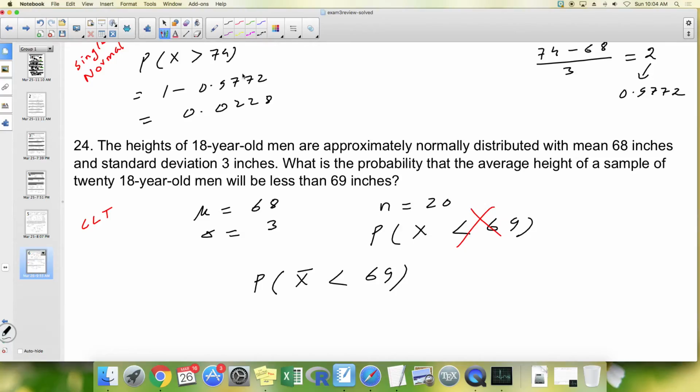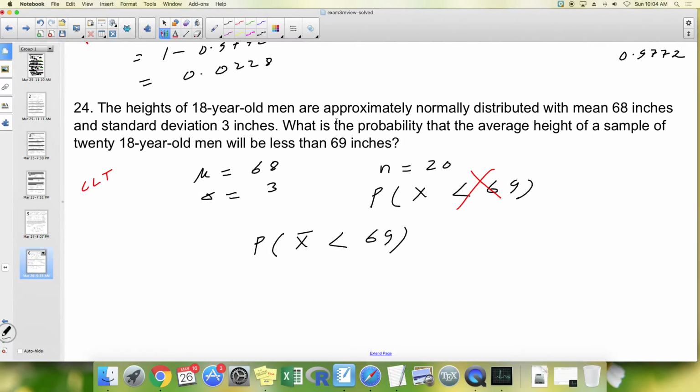Okay, so let's get on with it. We know that to apply CLT, there should be n bigger than or equal to 30, or the original population is normal. So is n bigger than or equal to 30?